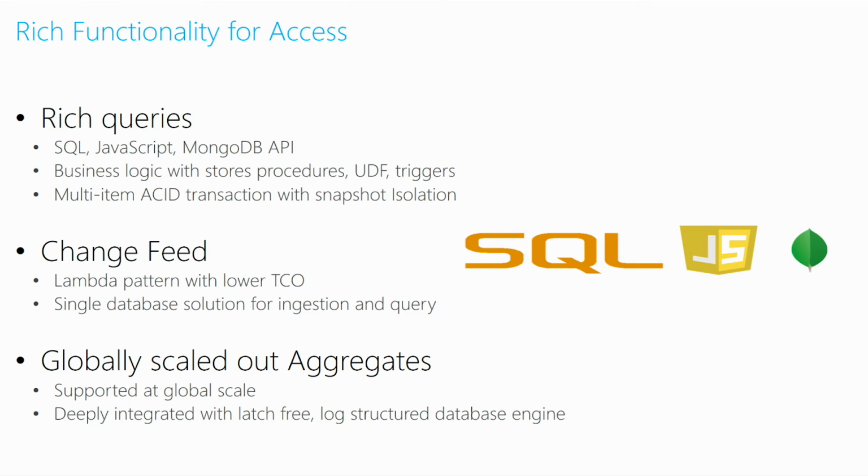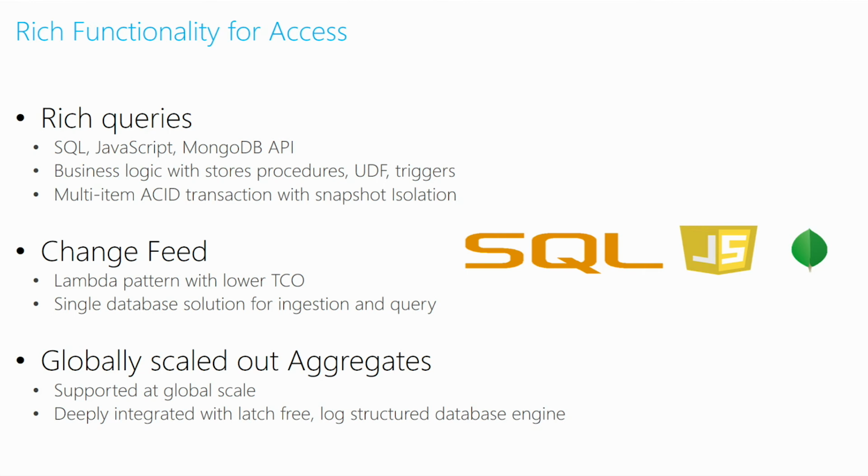DocumentDB also differentiates itself from other globally distributed NoSQL databases by providing support for multi-item ACID transactions with snapshot isolation. With features like change feed, you can easily implement the Lambda pattern with the lowest TCO that you can ever find. With change feed and the Lambda pattern, you can use a single database for both ingestion and query of the data.